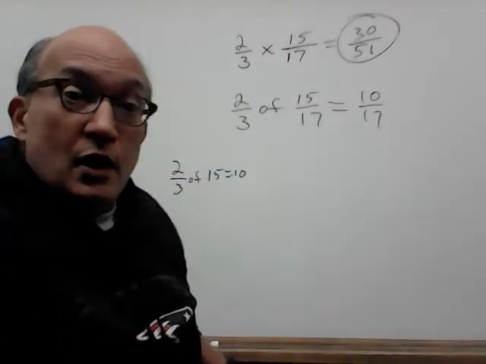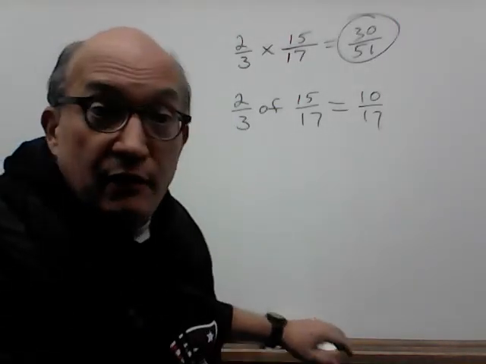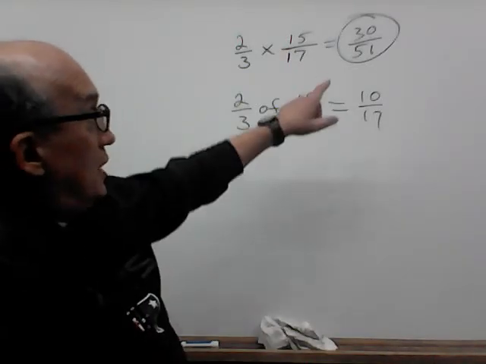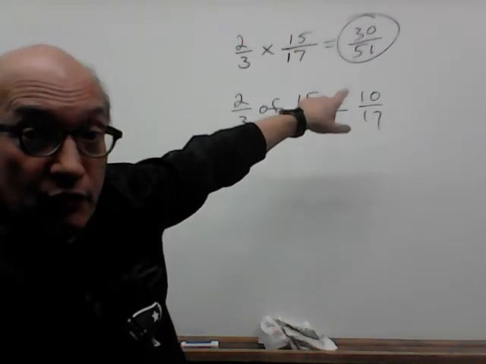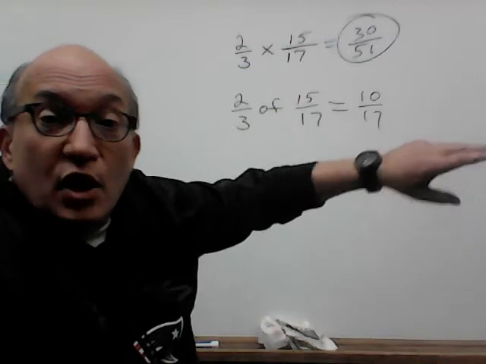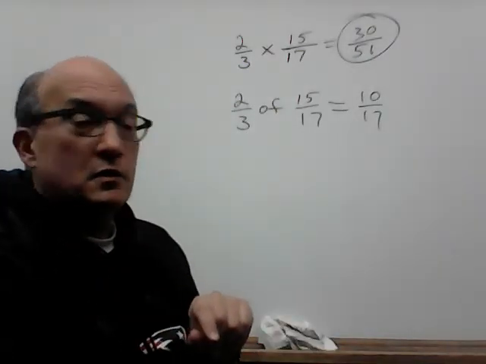Okay. Now we might have a little issue here with the fact that we seem to have 2 different answers, but we really don't have 2 different answers, do we? Because that 30 over 51 is a fraction that can be simplified. The 30 and the 51 each have a common factor higher than 1. They have a common factor of 3.